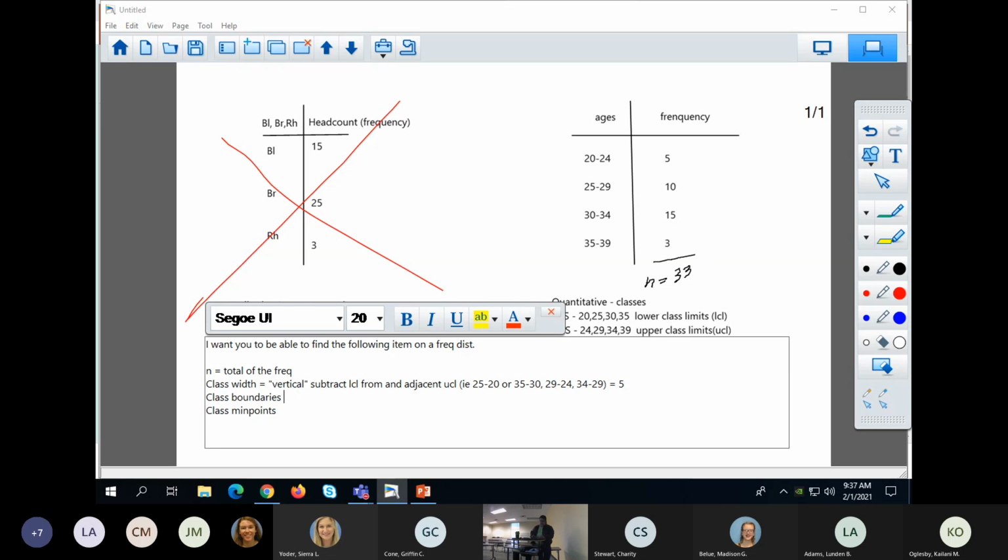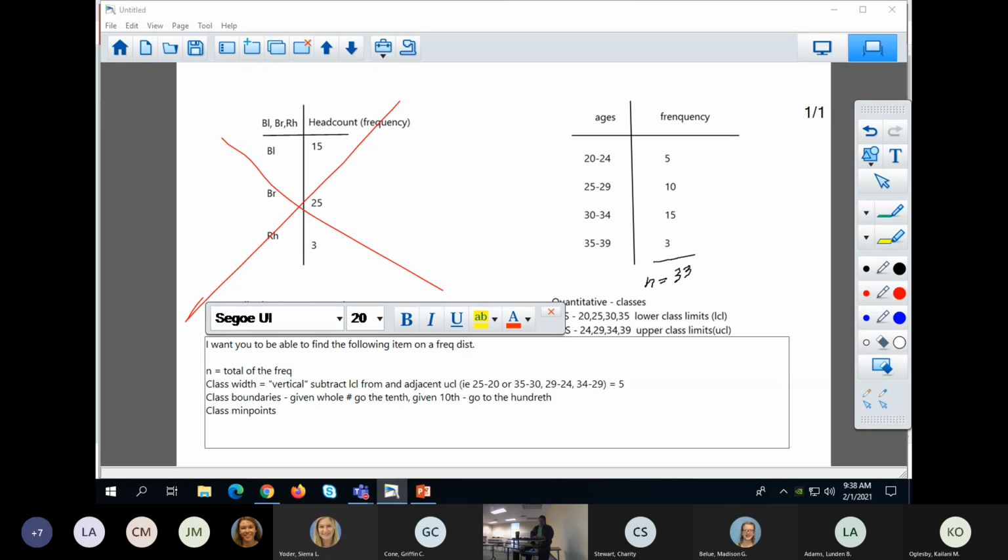Class boundaries. If you are given whole numbers, you're going to go to the tenth. If you are given tenths, you go to the hundredth. And so on.